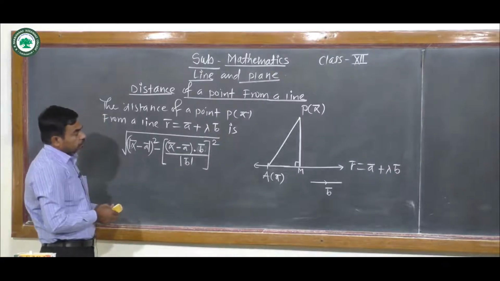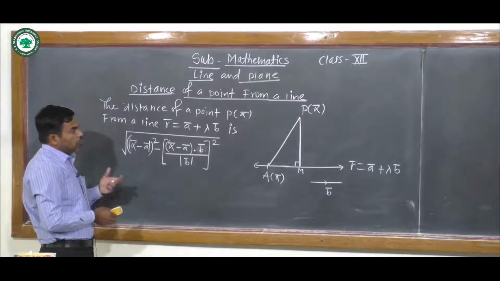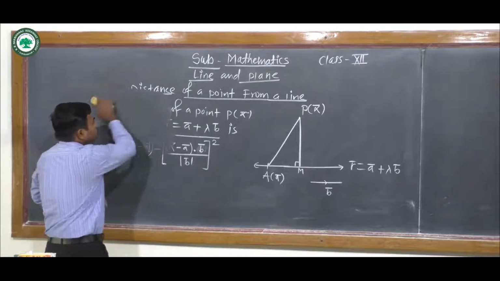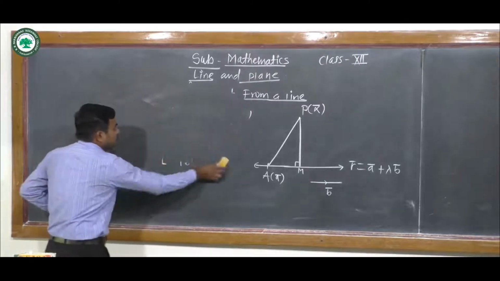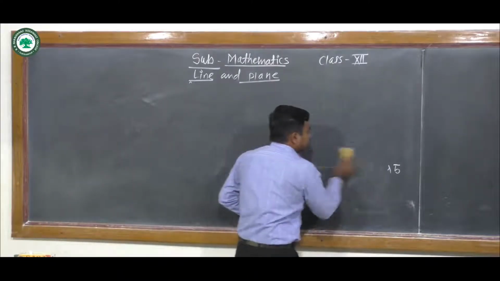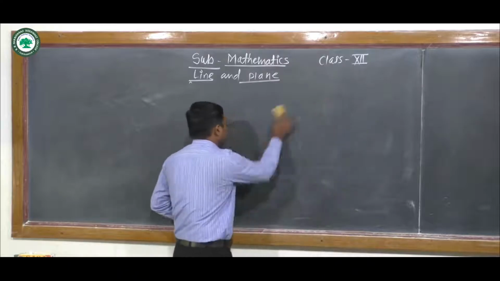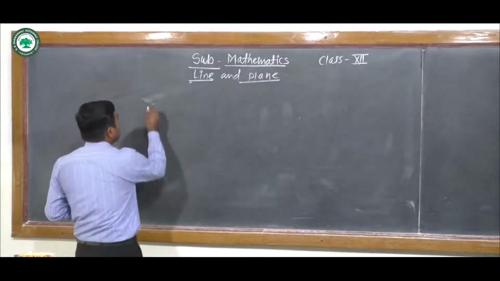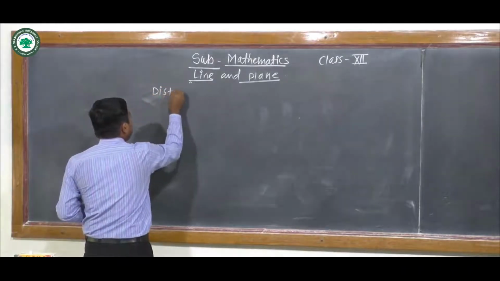Next, if we have two parallel lines, then the shortest distance between them is what we have to see: distance between parallel lines.